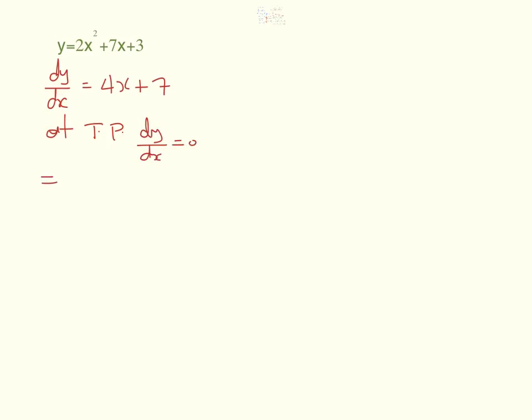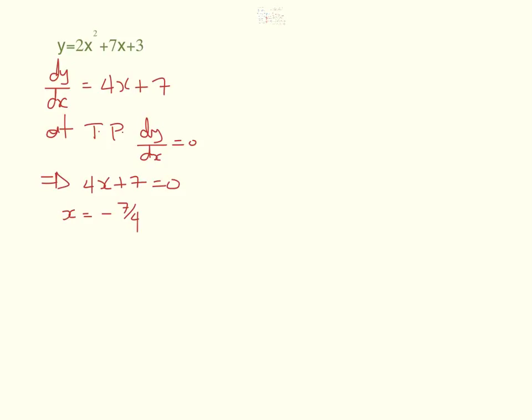So that implies that 4x plus 7 is 0. I'll just solve for x really quickly. So it means that x is going to be equal to minus 7 over 4. Okay, so that is the x value at the maximum or minimum point.